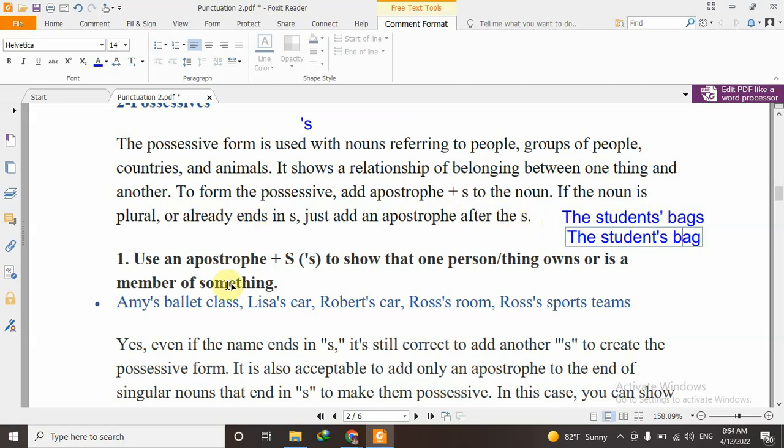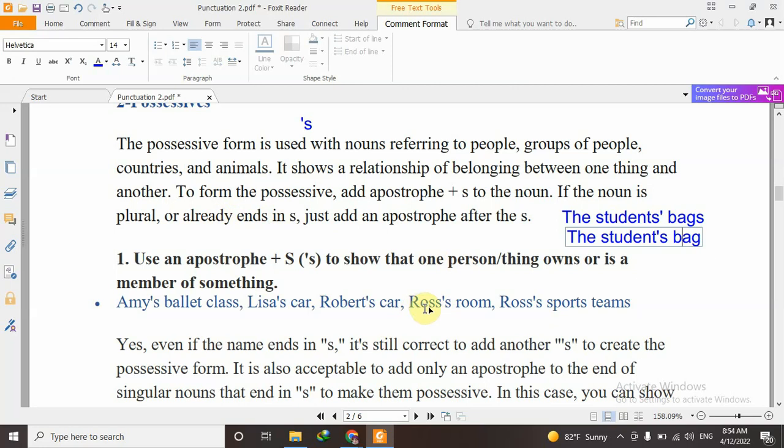For example, we said that if the noun already ends in s, and there is an s which is within the root of the word, within the actual form of the word. For example, we have Rose. Look here, Rose.